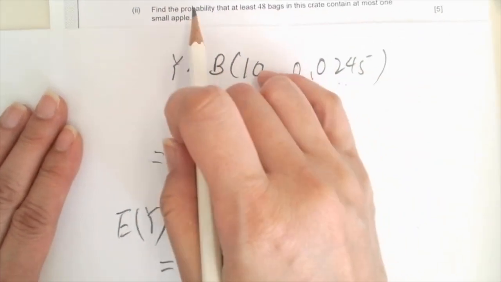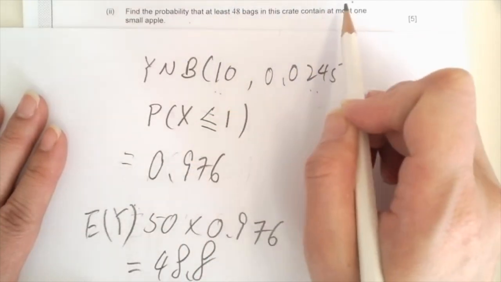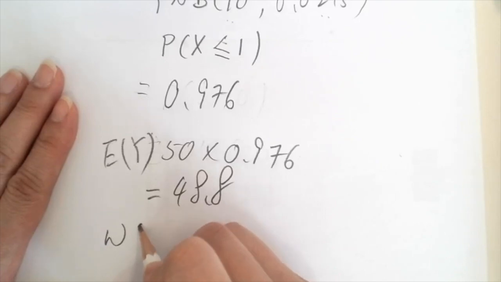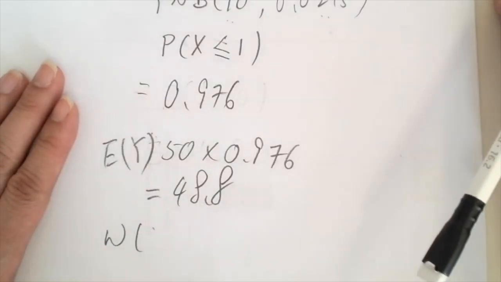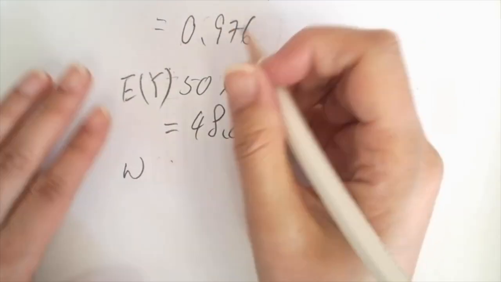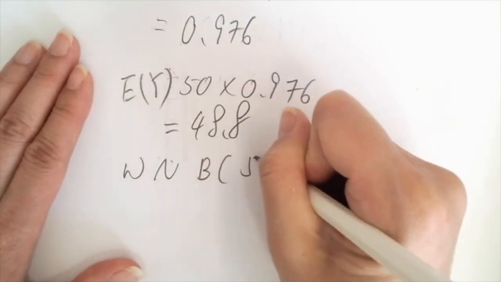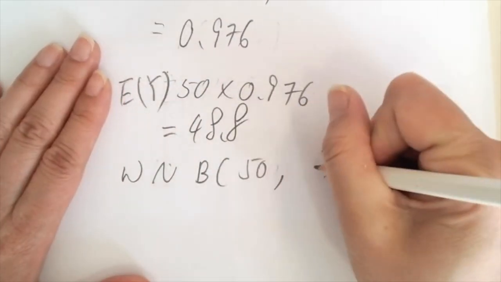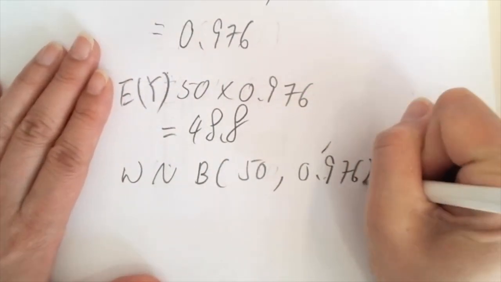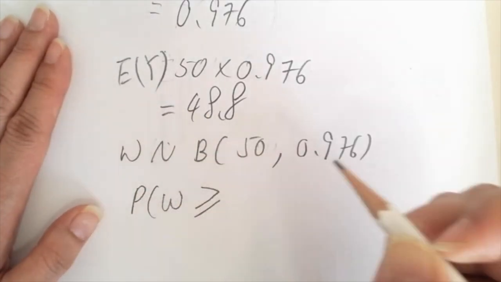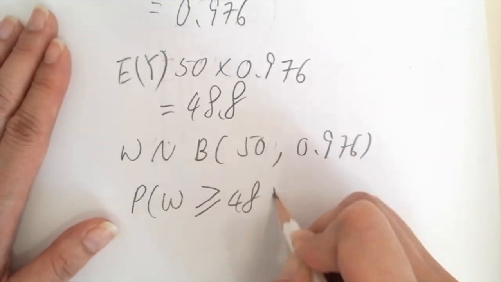Last but not least, we want the probability of at least 48 bags, with at least 1 apple per bag. So now it becomes another probability here. We have the probability of a binomial distribution B with 50 bags, and the probability 0.976. So this time we want the bags to be bigger than 48.